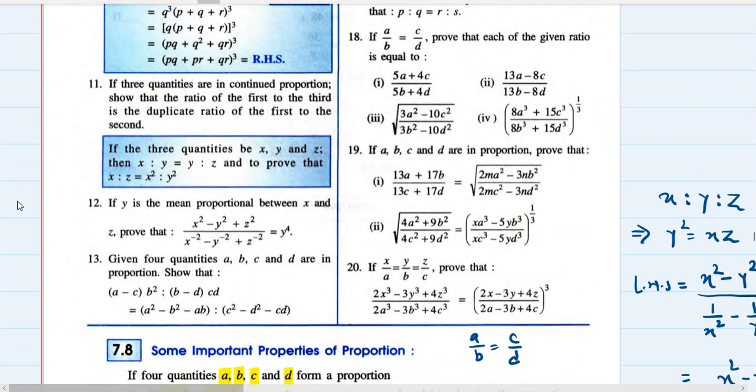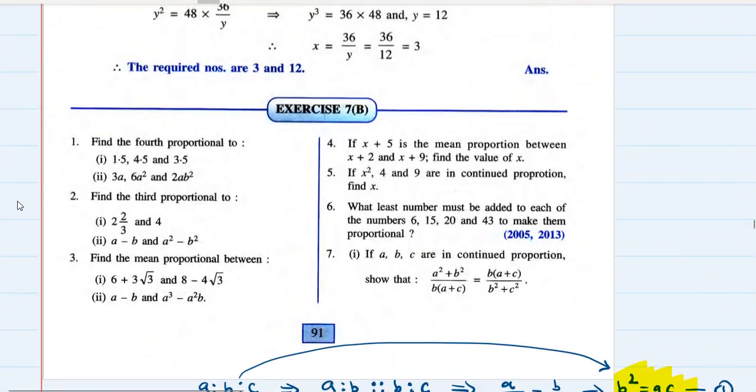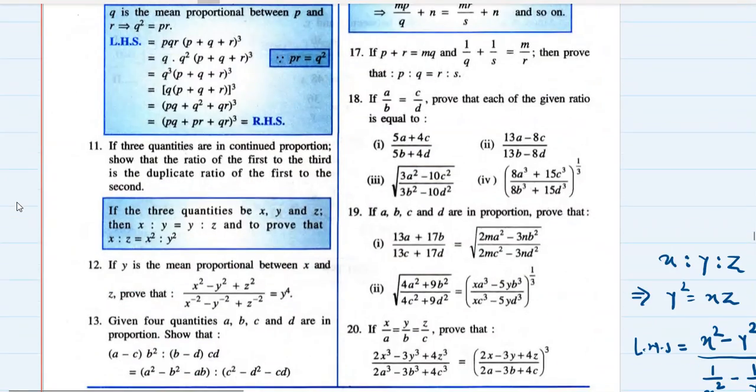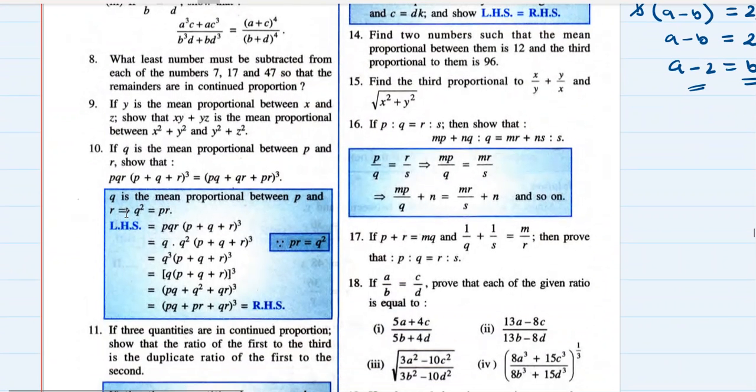Okay, so any more doubts in exercise 7B, please let me know. Sir, 16. 16th. Okay, they've given the hint as well. I will try to explain the hint, because that makes sense.